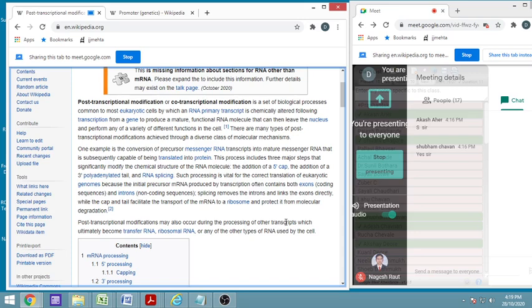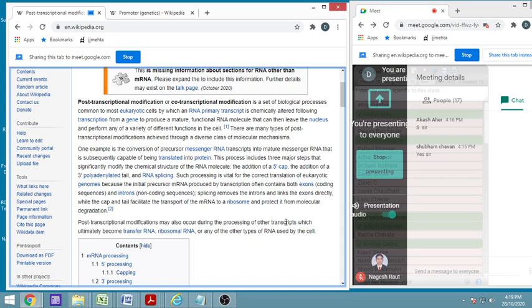Splicing is a very important feature, and this process is vital for the correct translation of the genome, because the initial precursor mRNA produced by transcription often contains both exons as well as introns.